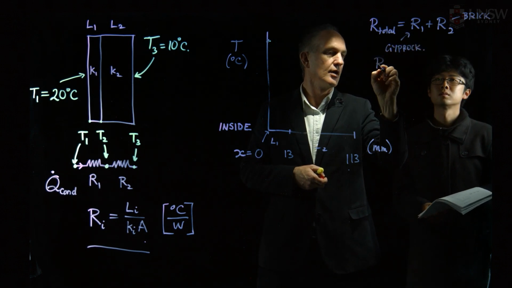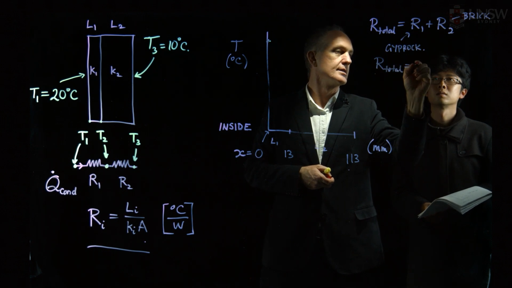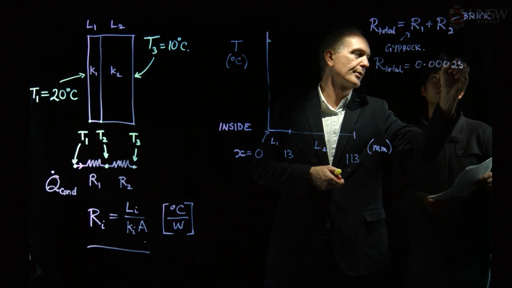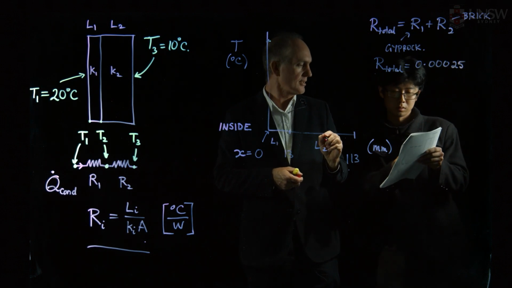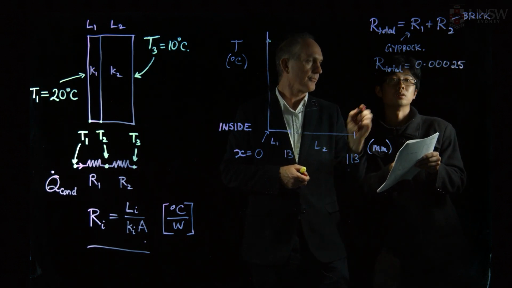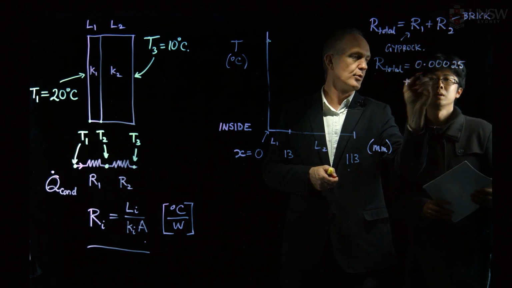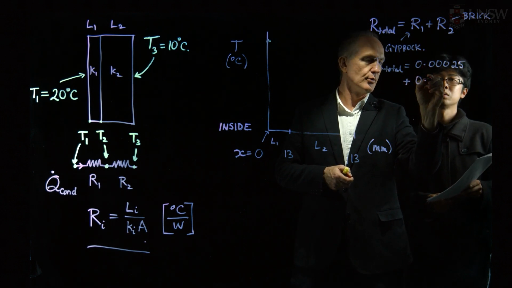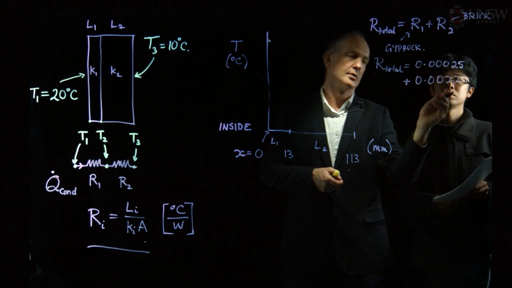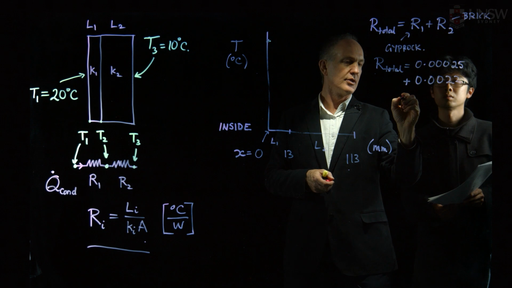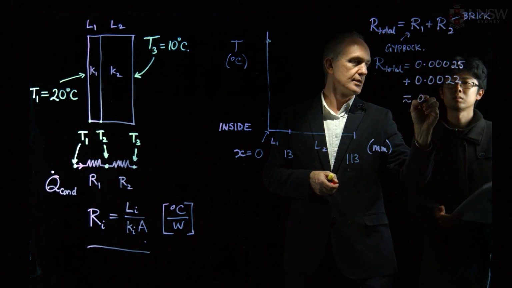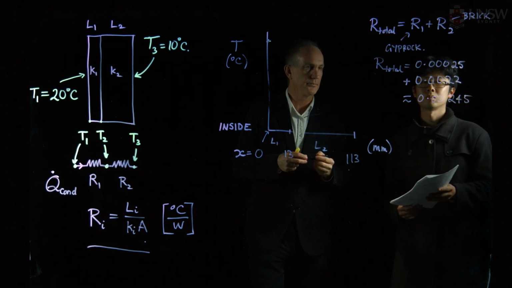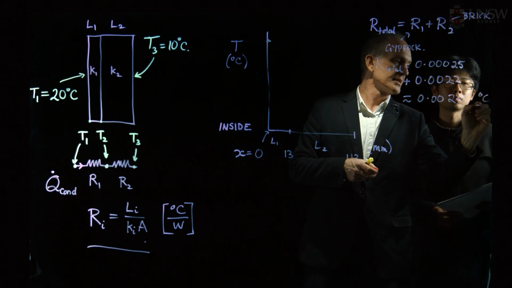If we take those numbers, we find that the R total is, well, I think we worked out in the break with slightly more digits, the gyprock is 0.00025, plus the brick was 0.0022, a little bit of rounding there, but we end up with approximately 0.00245 degrees C per watt.